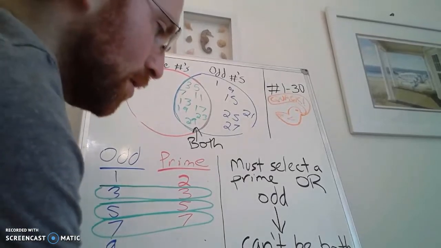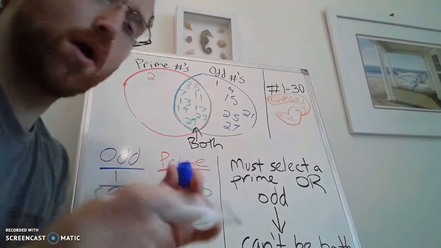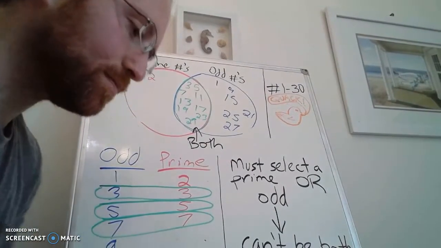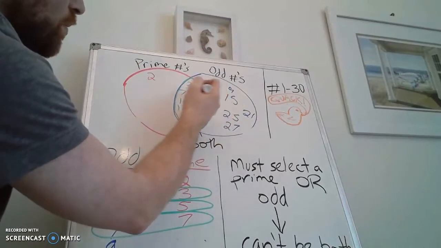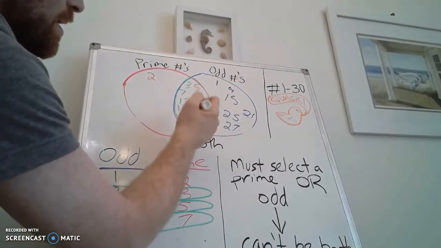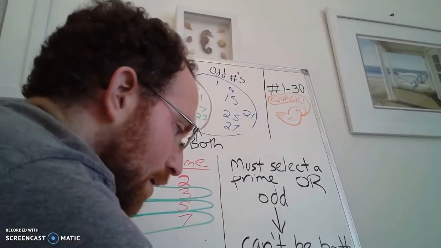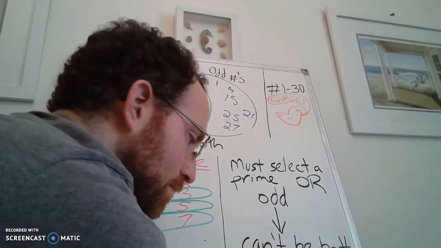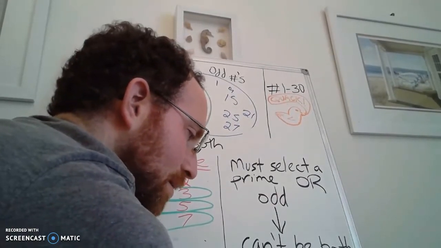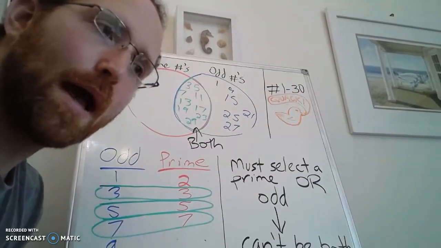So we have 25 over 30, and now we're going to subtract this intersection here. 1, 2, 3, 4, 5, 6, 7, 8, 9. So we're going to subtract 9 out of 30, and that is going to give us 16 out of 30.